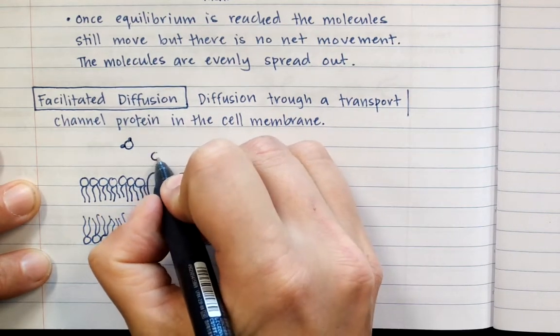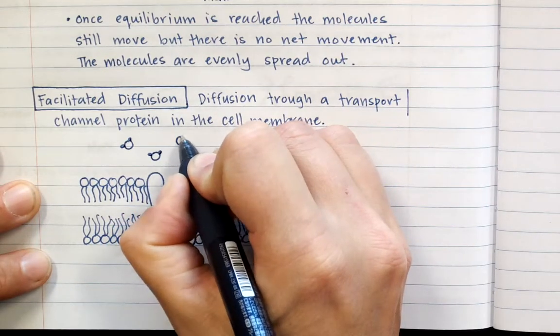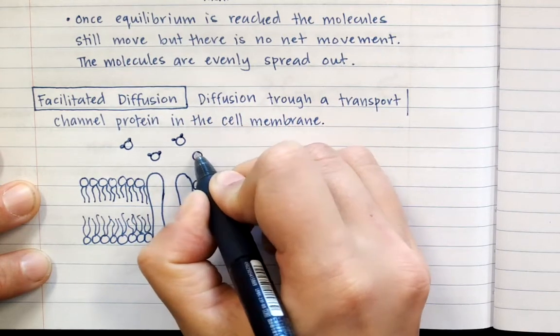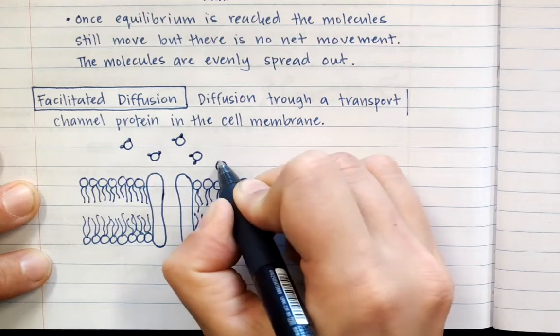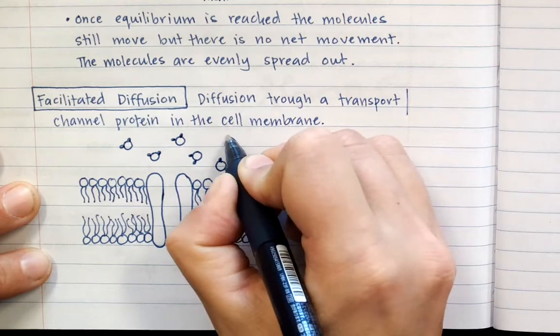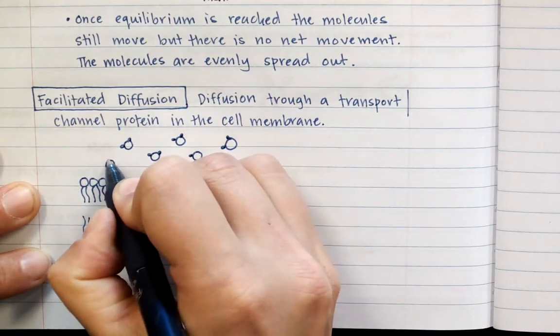And I'm going to draw a high concentration of water on this side of my cell. This could be the inside of my cell, it could be the outside of my cell. It doesn't really matter. But one side has to have a high concentration, and the other side has to have a low concentration in order for any type of diffusion to work.